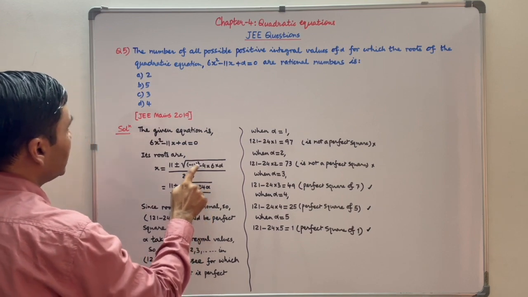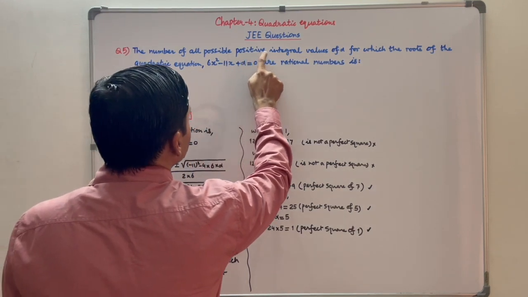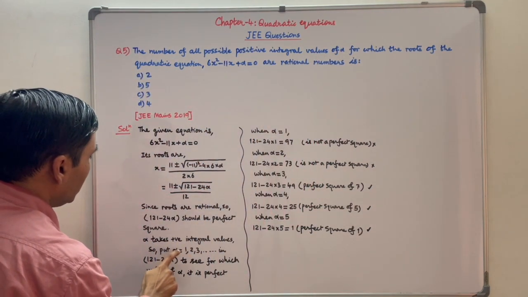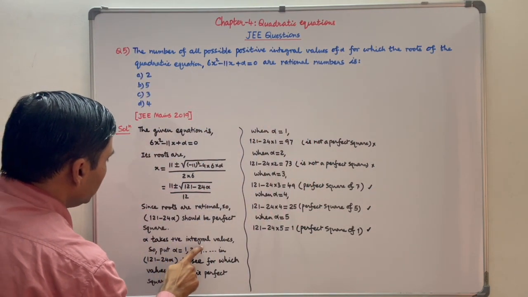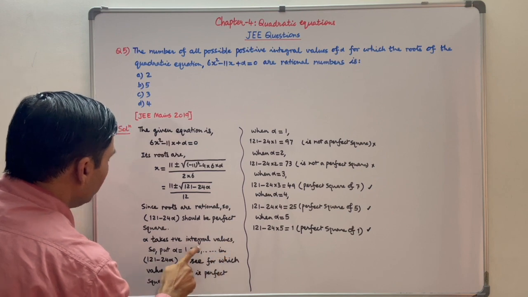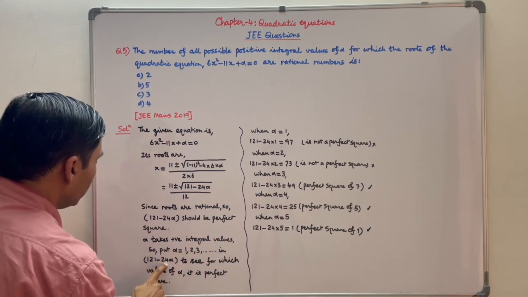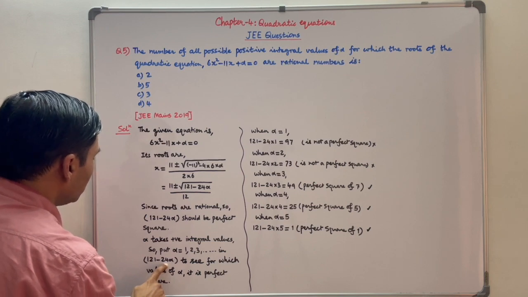It is also given that alpha can take positive integral values. So we will put values of alpha as 1, 2, 3 and so on to see for which values of alpha 121 minus 24 alpha is perfect square. So let us start.